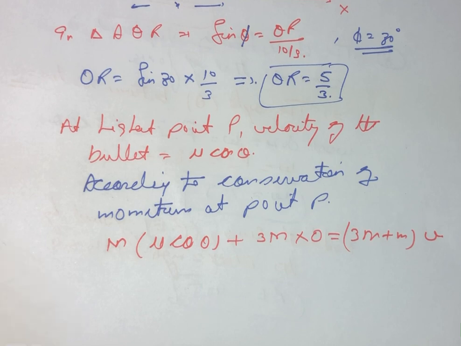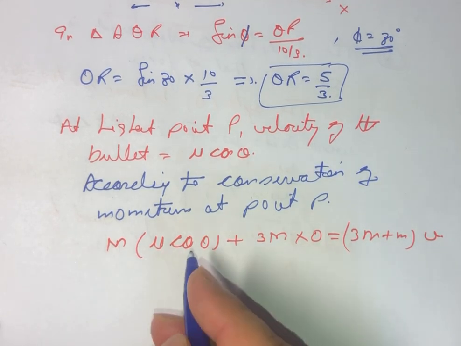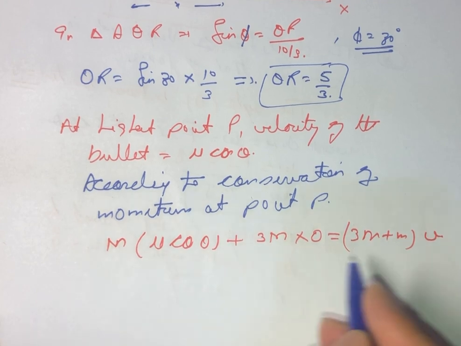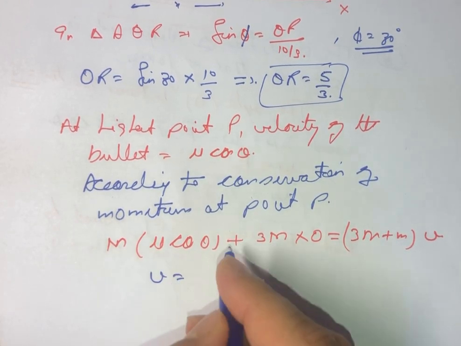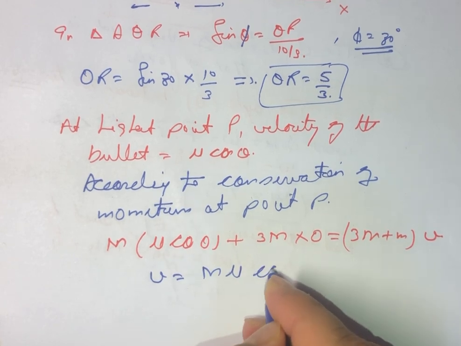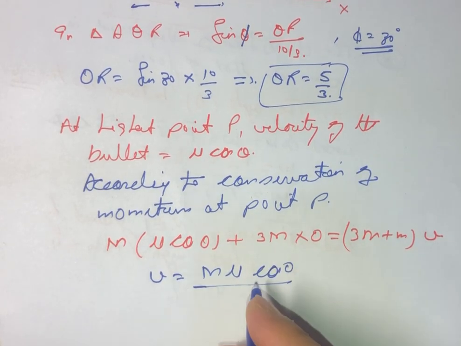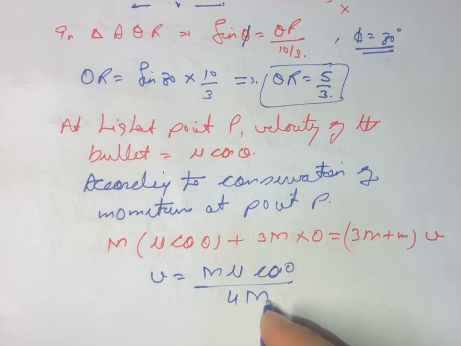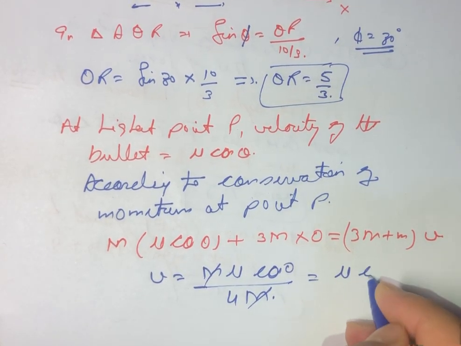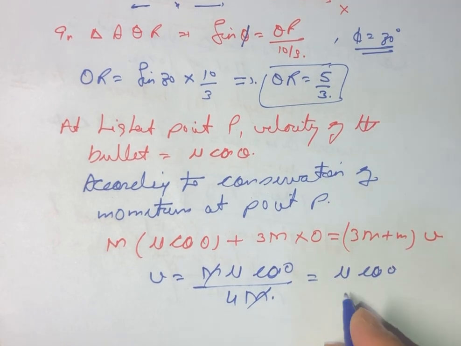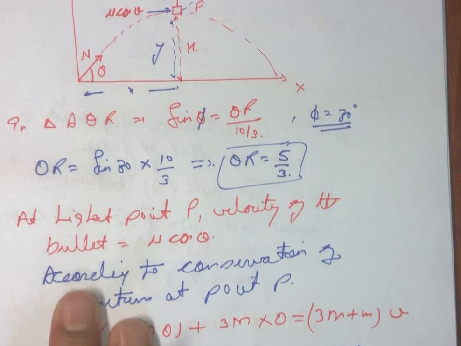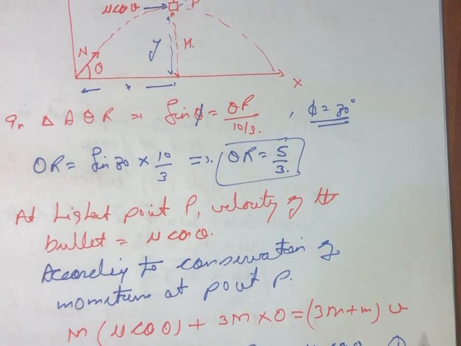So from here we can say that v is equal to m u cos theta divided by 4m. m and m cancel out, so we get u cos theta divided by 4. And let us call this equation number 1.